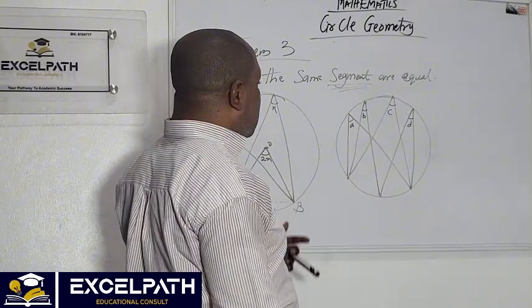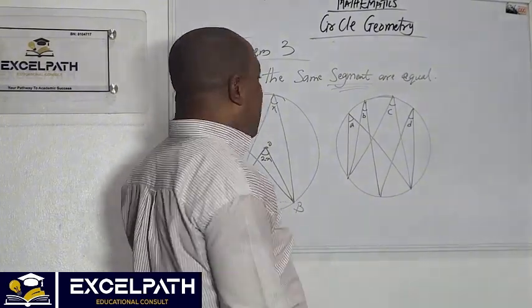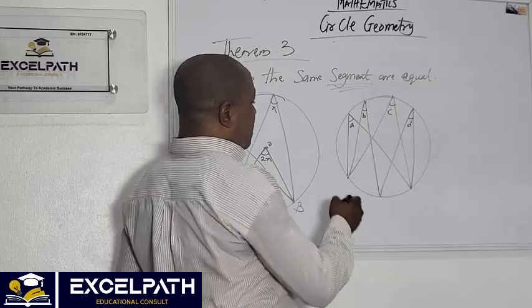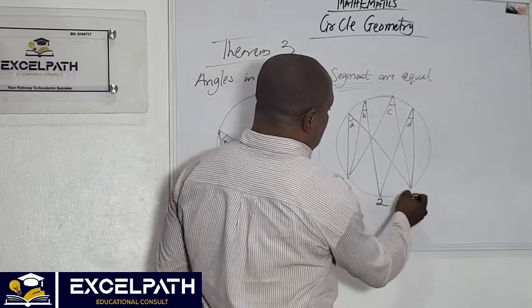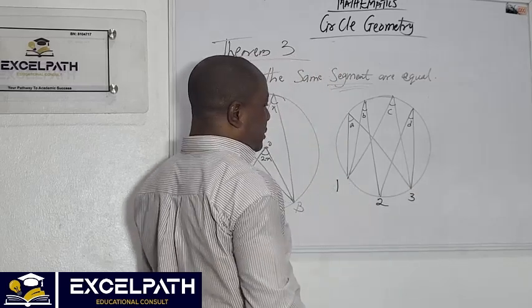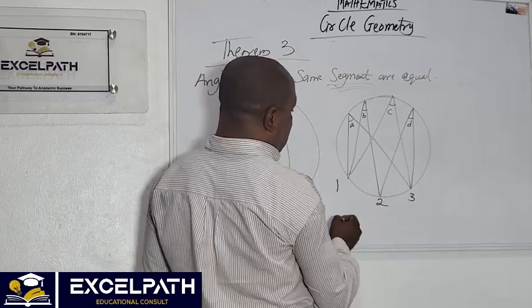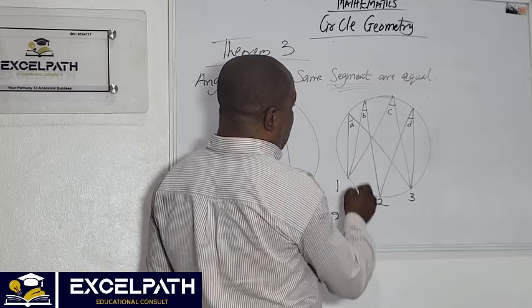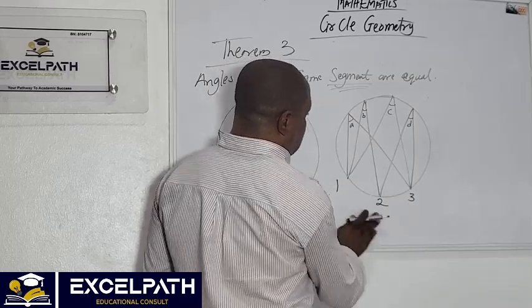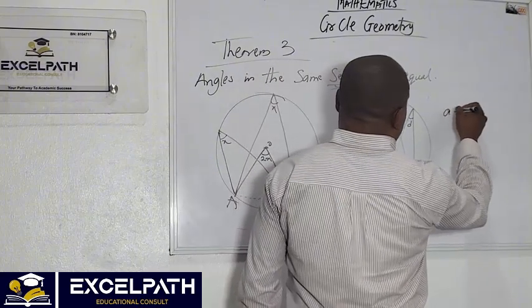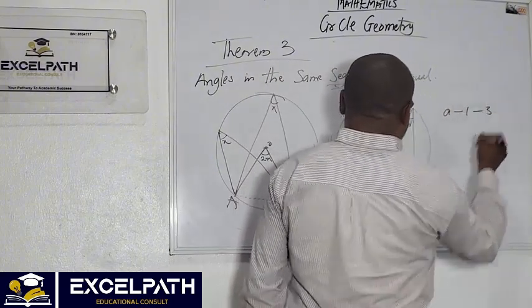Now let's look at their origin. Let me label these origins 1, 2, 3. Angle A starts from 1 and ends at 3. That's for angle A.